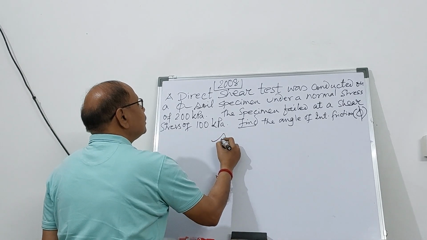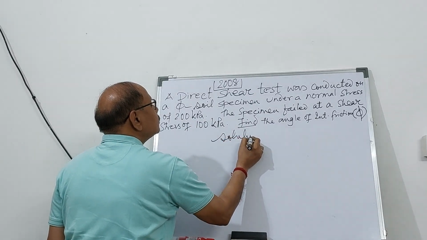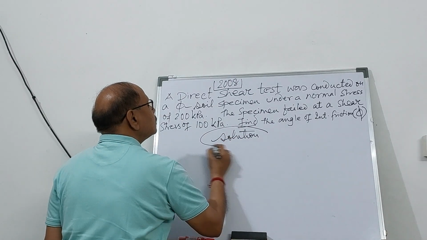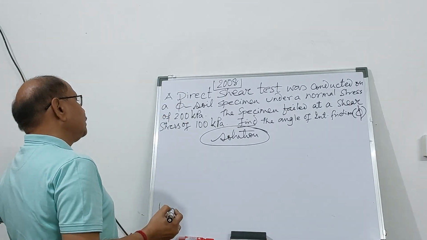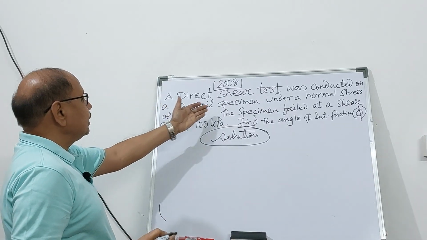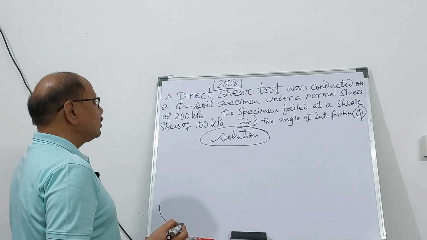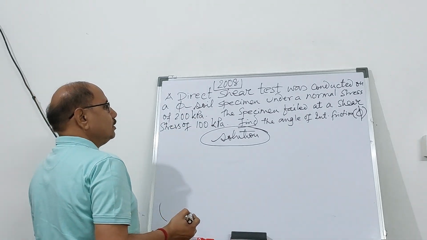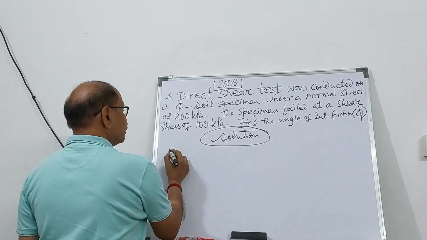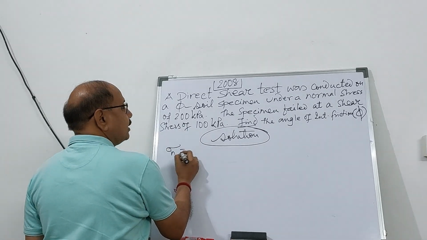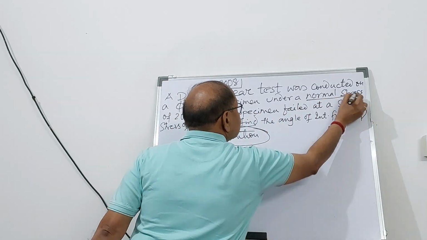So it's quite simple. So you have box shear or direct shear test, and it was conducted on granular soil, phi soil, a specimen under a normal stress. So sigma n is given.